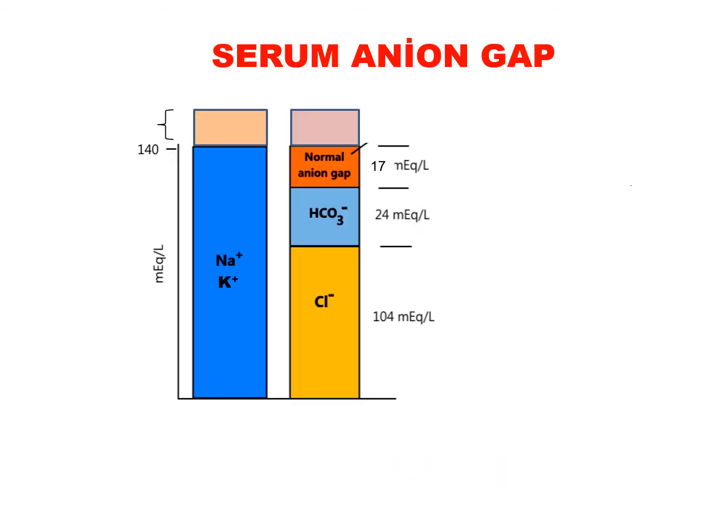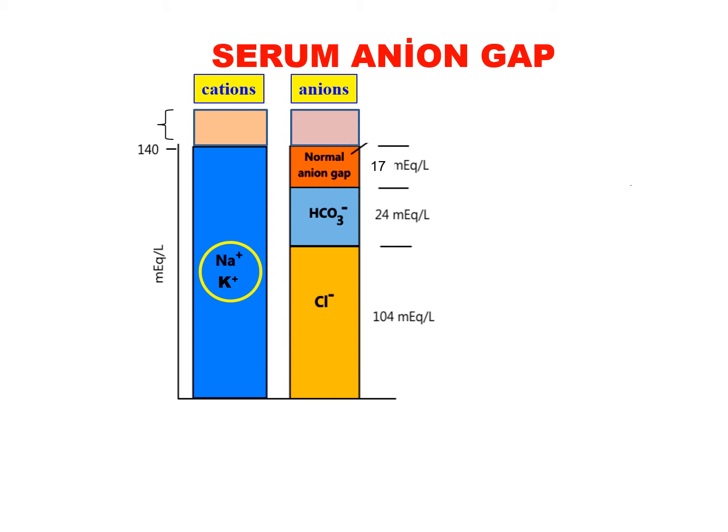Before we begin to understand what is acidosis, let's understand a number called anion gap. In order to maintain neutrality, it is obvious that the amount of both cations and anions is supposed to be equal. The major cations are contributed by sodium, 136 milliequivalents per liter, and potassium, 4 milliequivalents per liter, which are frequently measured in serum.